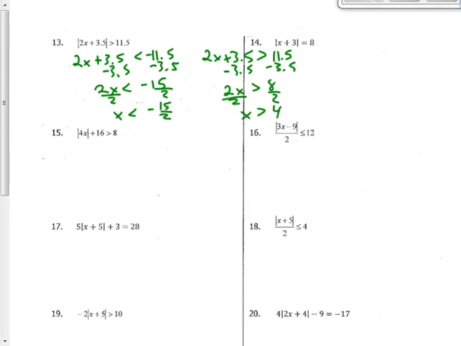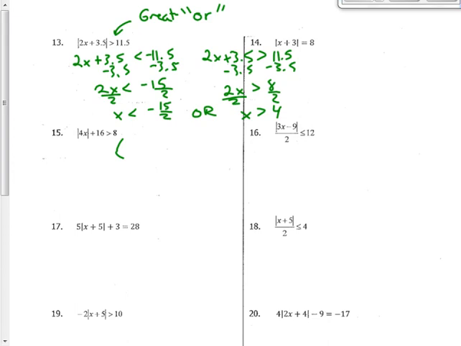Subtract 3.5, subtract 3.5. 2x greater than 11.5 minus 3.5 is 8, divided by 2, and x is greater than 4. Now I've got a greater than or, so this is an or graph. When I put that in interval notation, I'm looking at all the numbers that are less than negative 15 halves and all the numbers that are bigger than 4. And so there's parentheses because there's no line underneath.